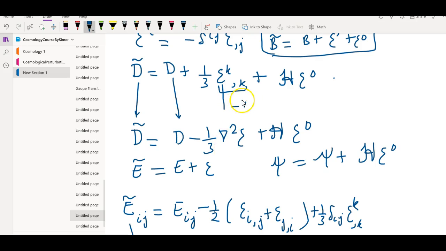So this is basically minus del square xi. So this becomes this.